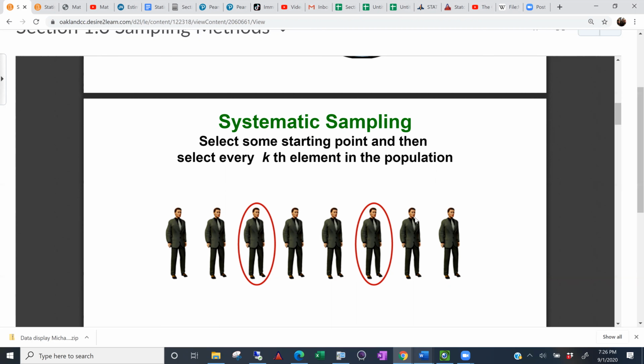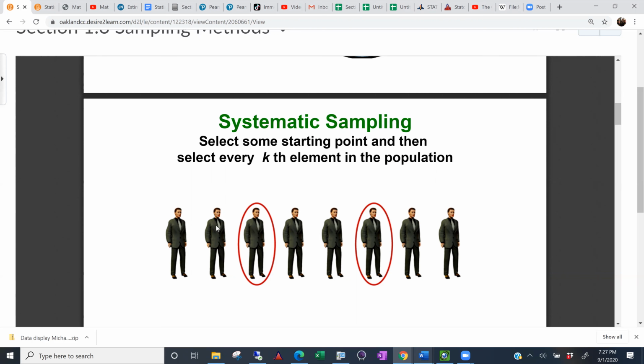But I can't get just any old subset that I want. Take a look at the probability of getting these 2 people in my sample. That's not going to happen because they're standing next to each other. If you're picking every second or third person, then a group right next to each other can't be chosen to be in my sample.